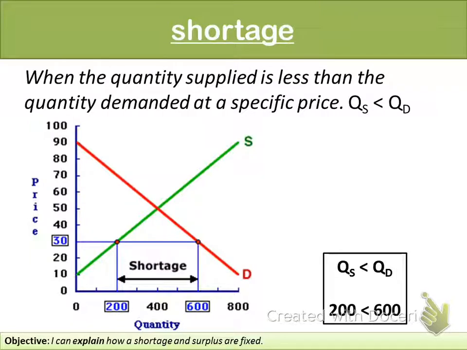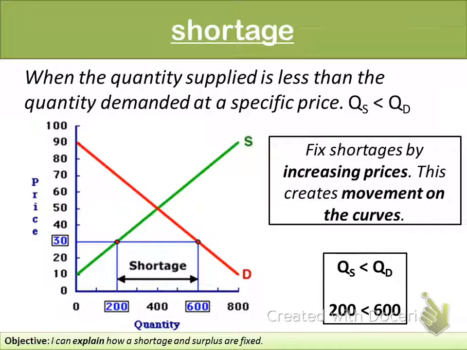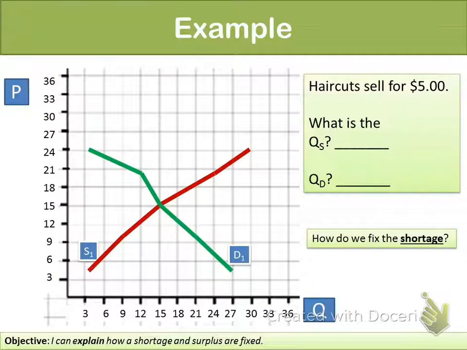Well, if you remember what we have done before, if we have movement up the curve, we would then approach the equilibrium point, and we do that when we raise the price. And so we fix shortages by increasing prices, and that creates movement on the curves. You can see this on your do now.